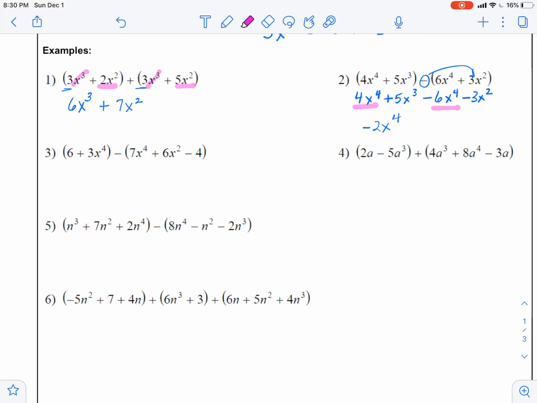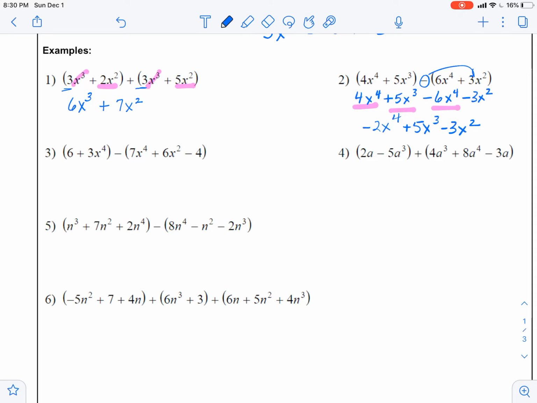Then I see an x cubed, so that would be 5x cubed, because that's the only one I have. And I only have one x squared, so that would be a negative 3x squared. Again, now it's in descending order. When I'm adding those, I usually look for my highest power, my highest degree, put those together, and then go down the row in terms of degree.